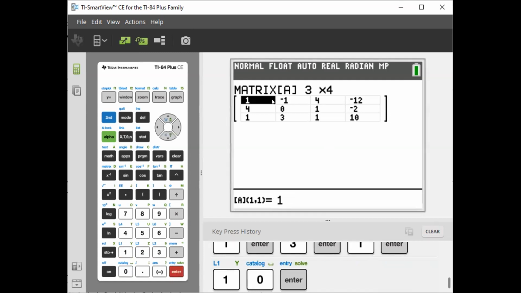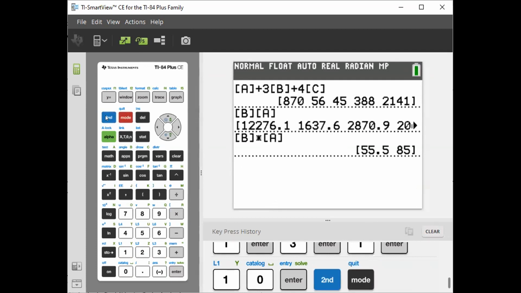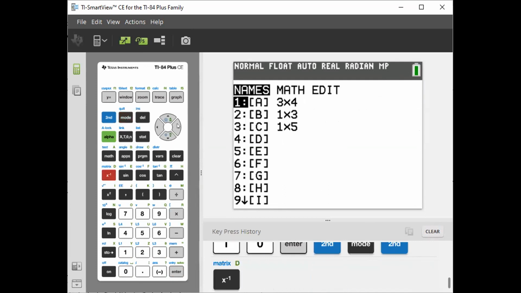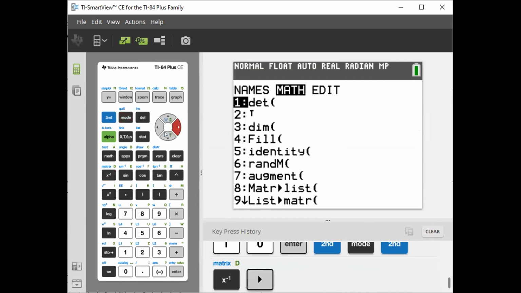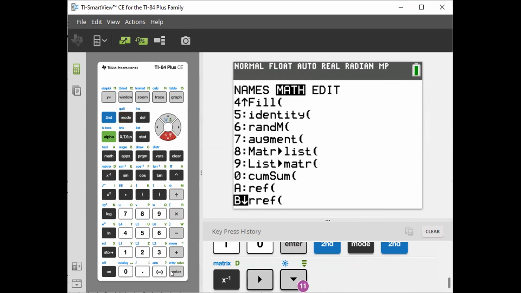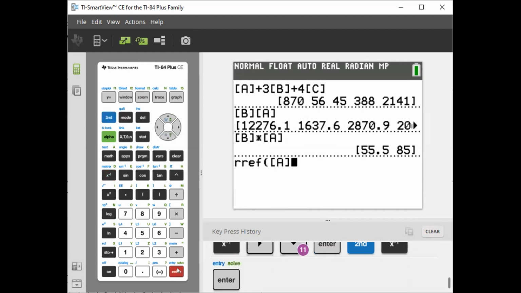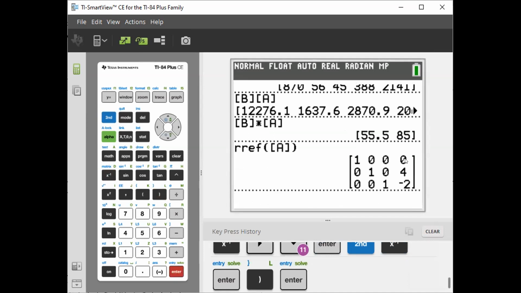Okay, so after you type in your matrix, get out of it. Then you go second matrix, go over to math, and you want to find RREF, enter. Second matrix, enter. Close off your parentheses and hit enter. And you're going to get this, and this last row is your answer, the 0, 4, and the -2, right?